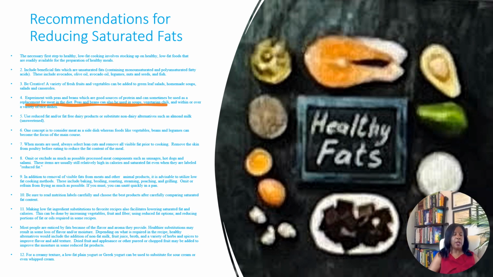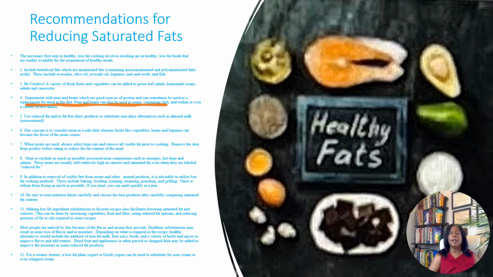Great sources of protein. Use reduced fat and or fat-free dairy products if you are using dairy. Otherwise, you can substitute non-dairy alternatives, such as almond milk. Try to get the unsweetened type. One concept is to consider meat as a side dish, whereas foods like vegetables, beans, and legumes can become the focus of the main course.